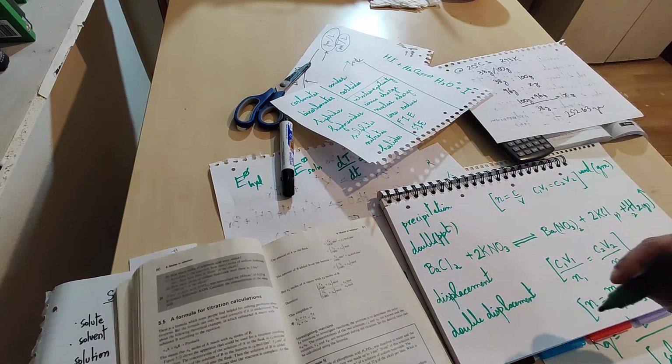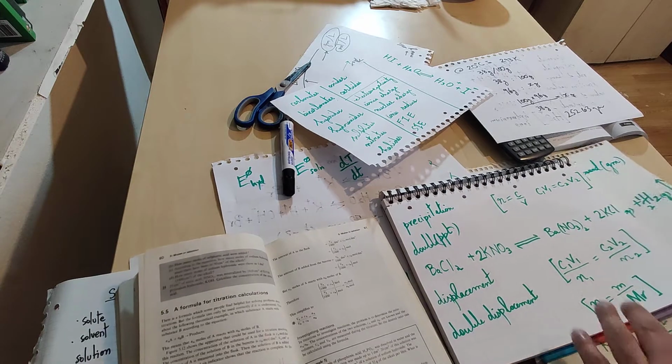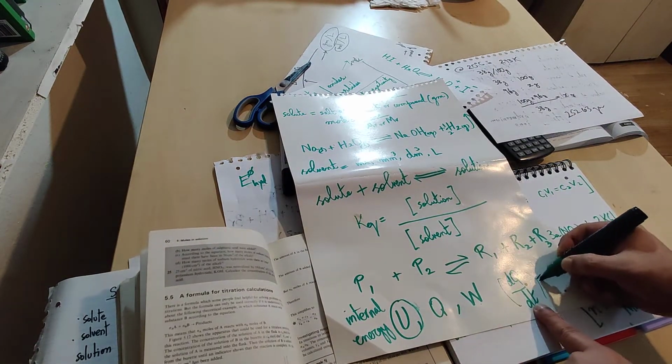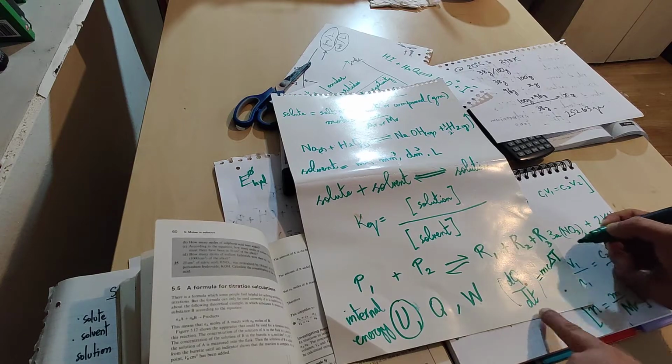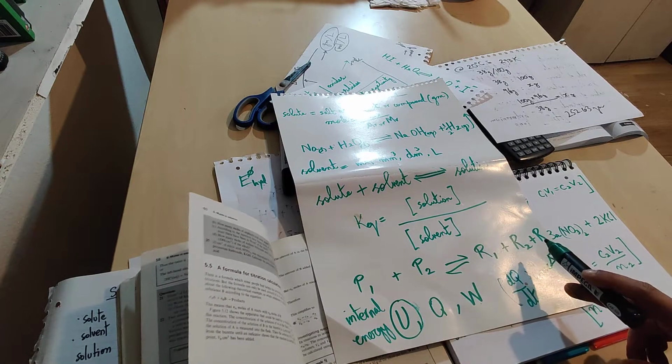And then in the previous part, I spoke of dQ over dt equals mc delta T, and then P1, P2, so that's the substrate giving you the product.